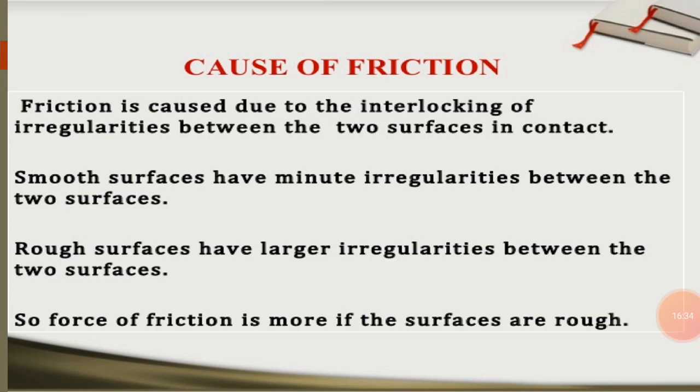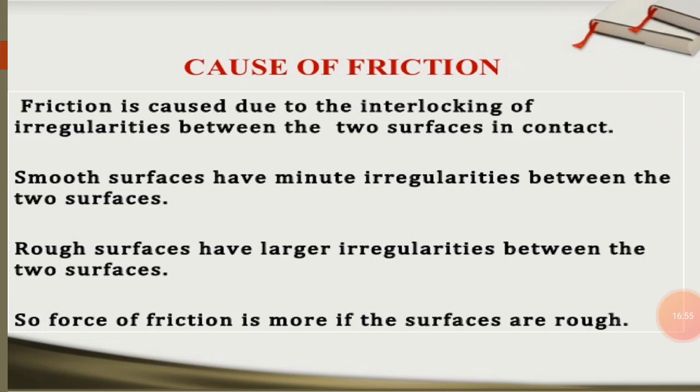So we can say that friction is caused by the interlocking of the irregularities in the surfaces of two objects which are in contact with each other. Suppose you want to move one object over another object.